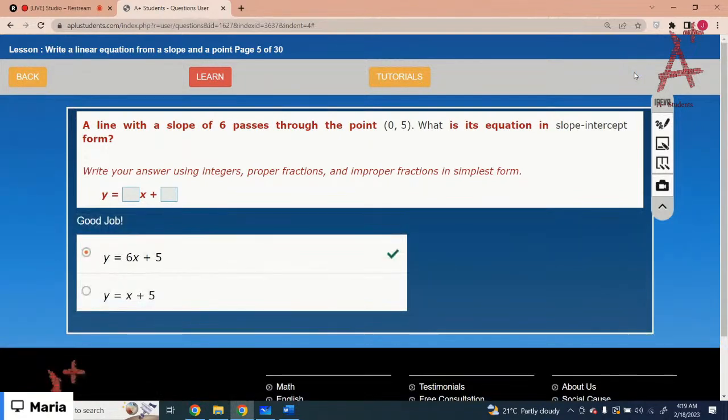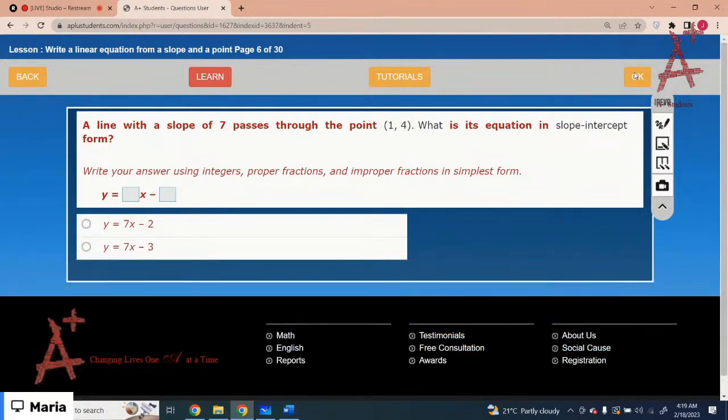Usually you have different questions on the test. Okay, the next one is a line with a slope of 7 that passes through the point (1, 4). What is the equation in slope intercept form?